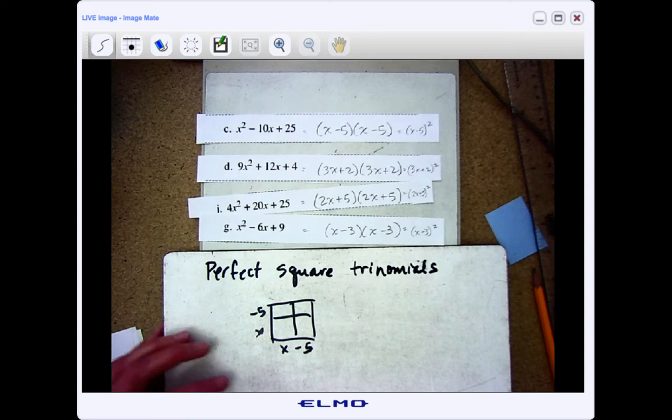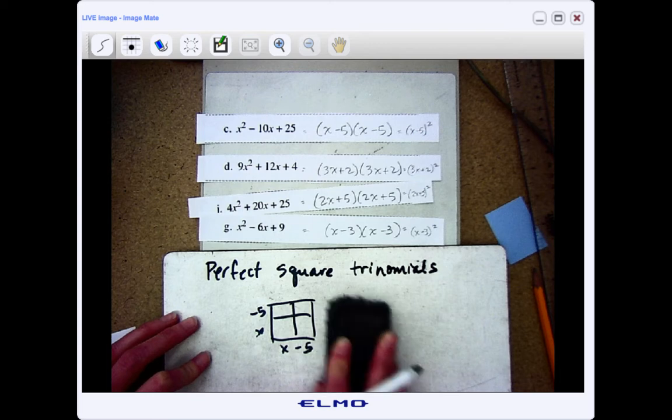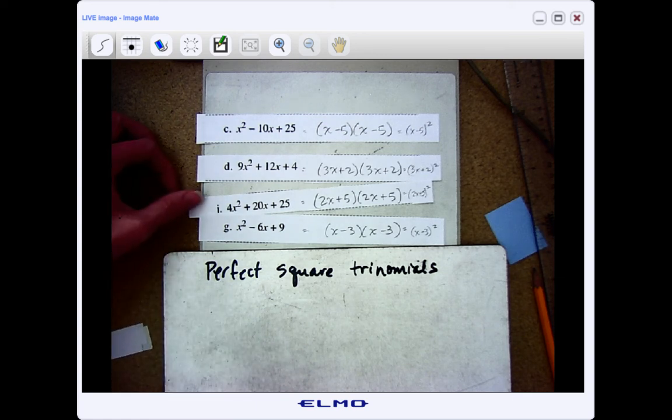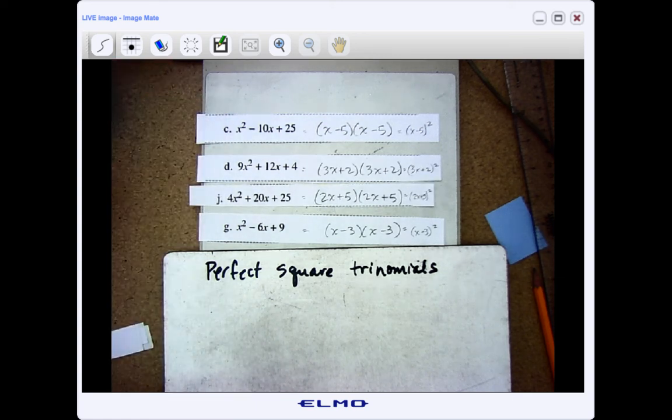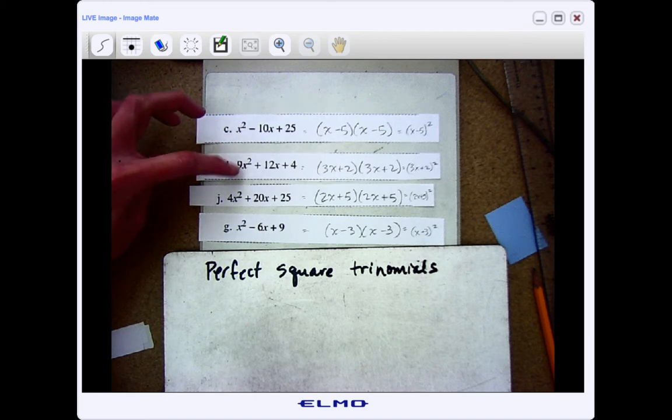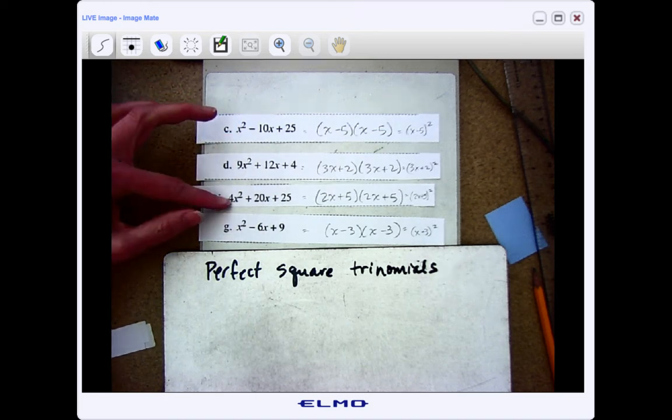Now these are a little bit harder to recognize as having that factoring pattern. So let's look at those again. Did you see anything special about these? You might have noticed that the ax squared term is a perfect square, so that's one way you can hunt for these.